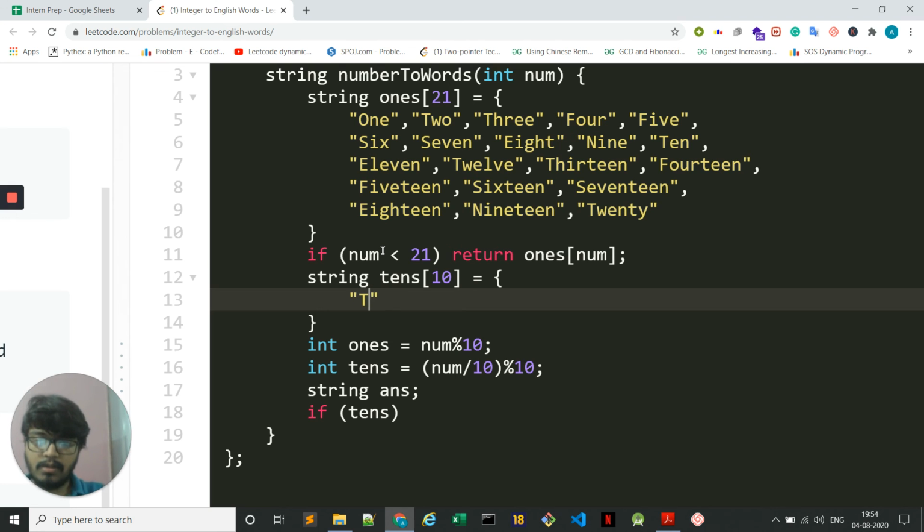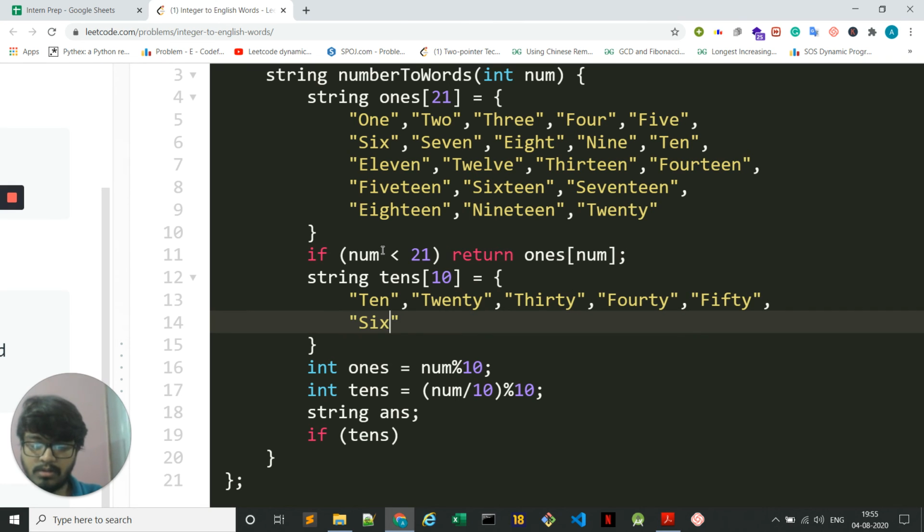For one we will write 10, then 20, 30, 40, 50, 60, 70, 80, 90, right? So this is for 1 to 9.